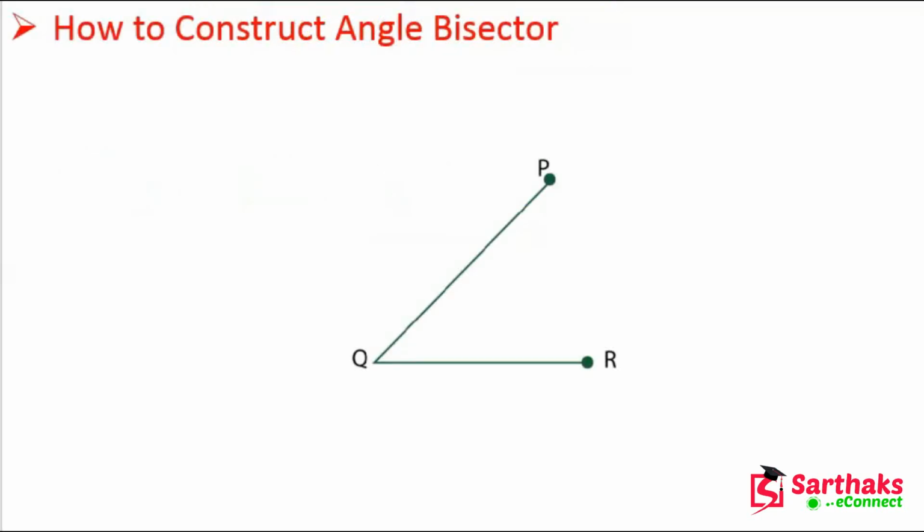First of all, how to construct an angle bisector. What is an angle bisector? An angle bisector is a line or a ray that bisects the angle into two equal parts.